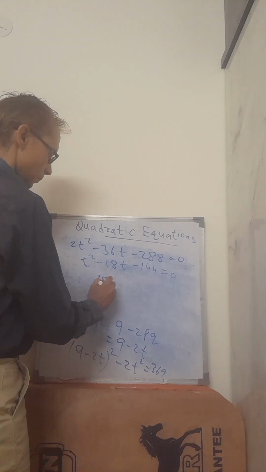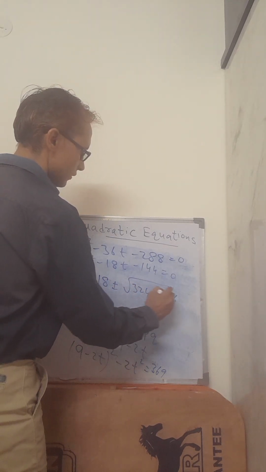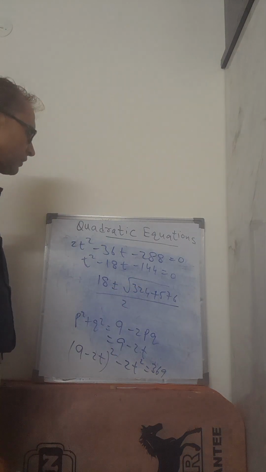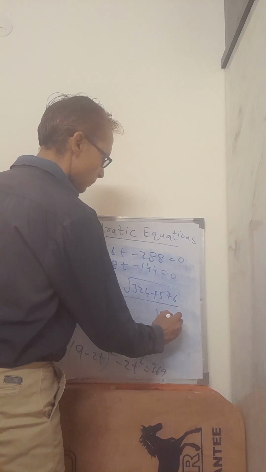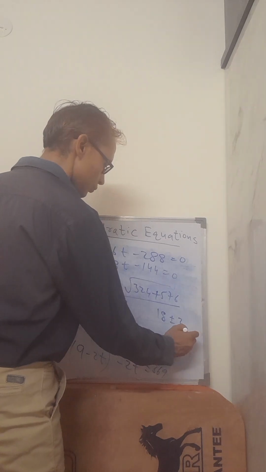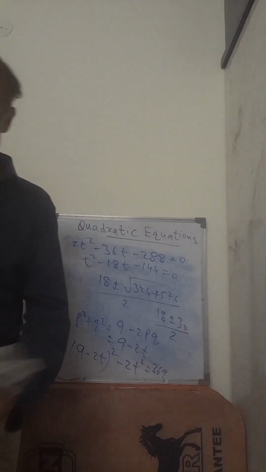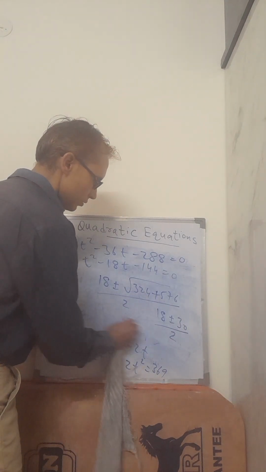So 18 plus minus root of b square, which is 576, upon 2. So 324 plus 576 comes out to be how much? 900. So root becomes 30. So 18 plus minus 30 by 2. So those are the two values we will get now of P into Q, and one of them we will be using. Let's see which one to use.